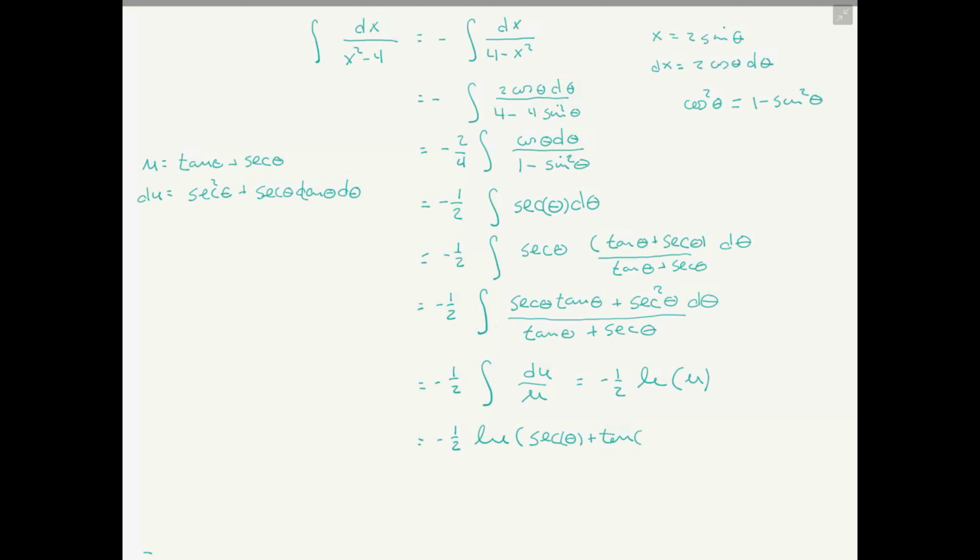So we have du over u, and that's equal to minus ln u, and then we substitute back in for u. Secant theta plus tangent theta plus c.